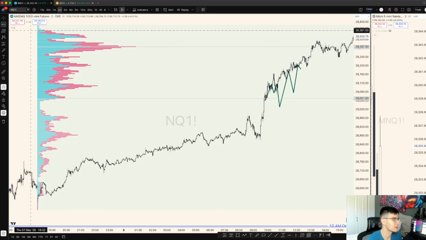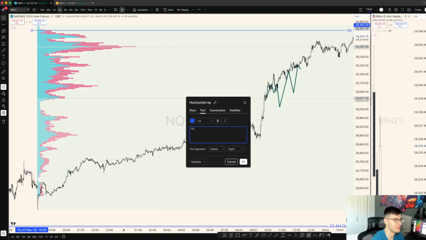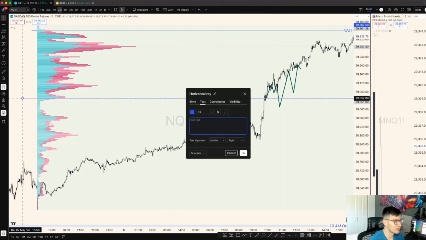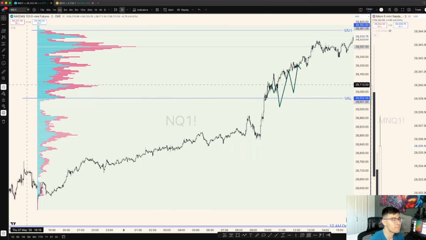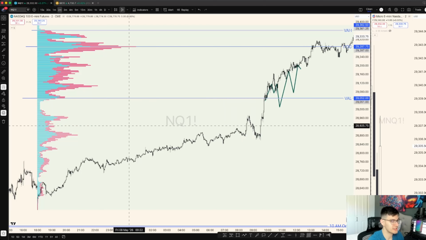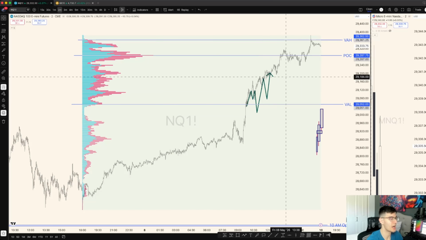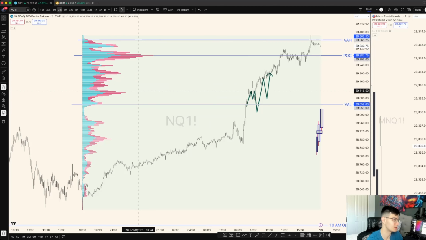I'll use a blue line to mark it out so you can see it clearly. I'll put some text on here: value area high, value area low, and the point of control is up here. So in between value area low and value area high is where 70% of the volume has been traded. It's a good gauge for where price has been trading before.